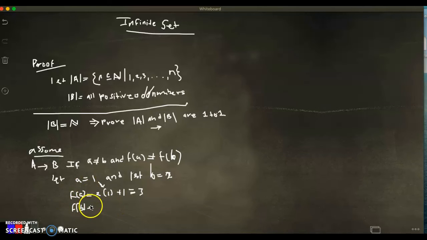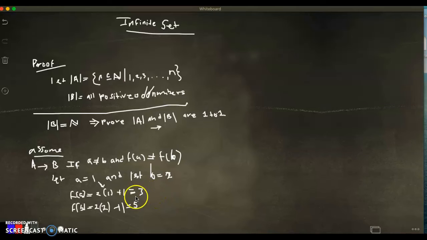And then f of B would be 2 times 2 plus 1, which is 5.